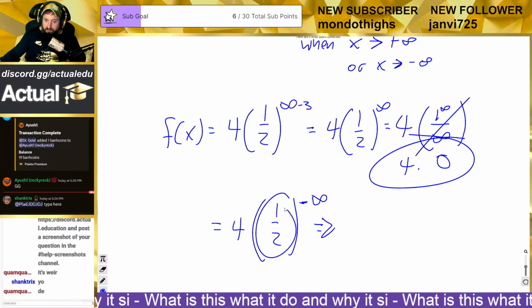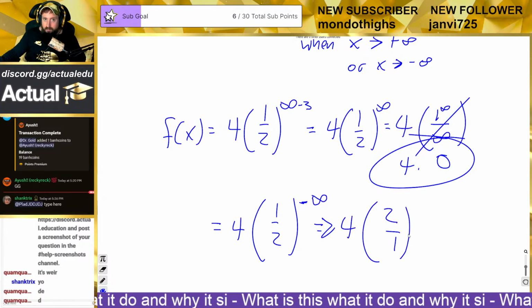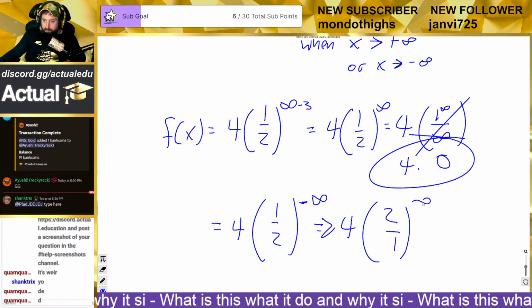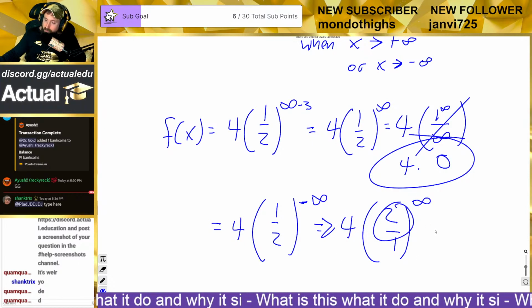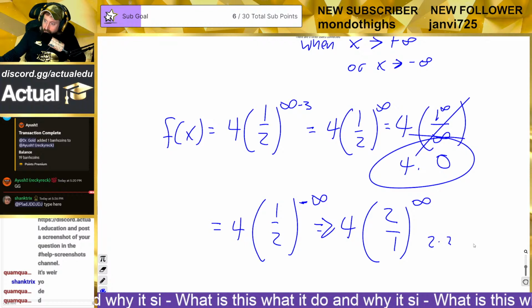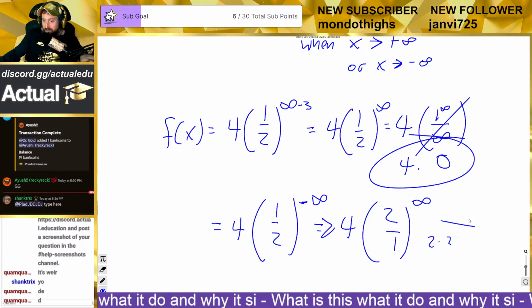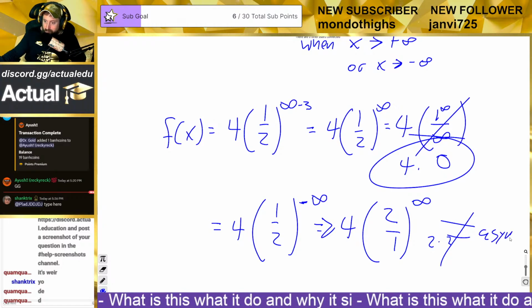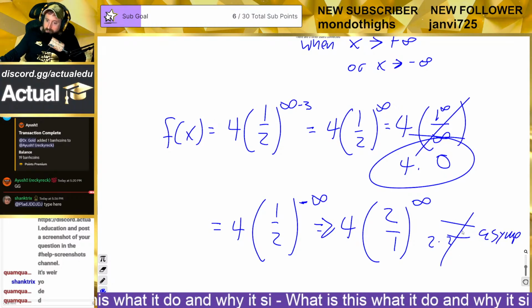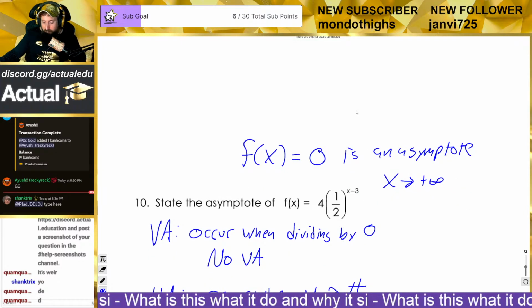So this is 2 over 1 to the positive infinity. Now 2 to the positive infinity, that's 2 times 2 times 2 a bunch of times, which is infinity. So this does not have an asymptote, because this just keeps going. So there's only an asymptote as x goes to positive infinity.